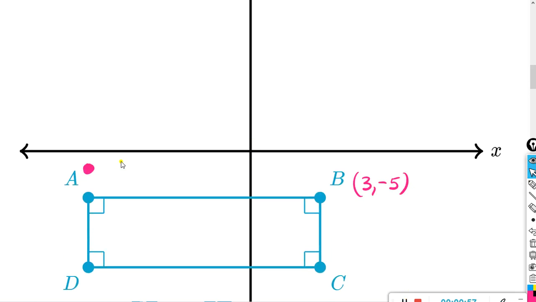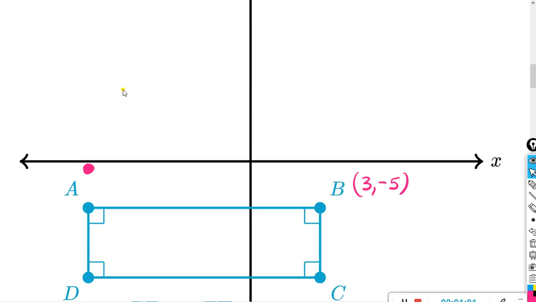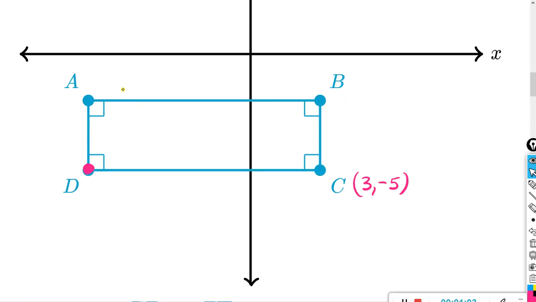And then the coordinates for point A are -7, -2. So for point A, -7, -2. All right. And now we can see point D.